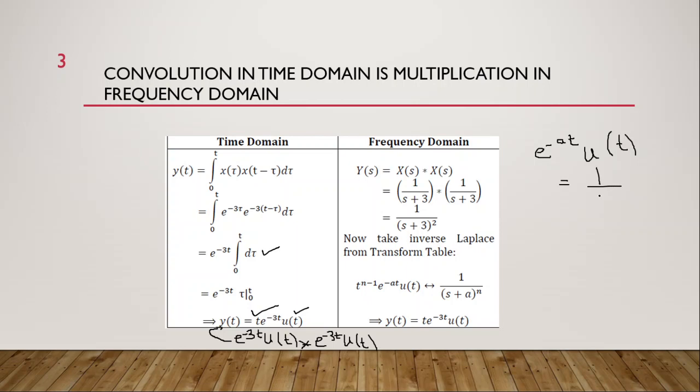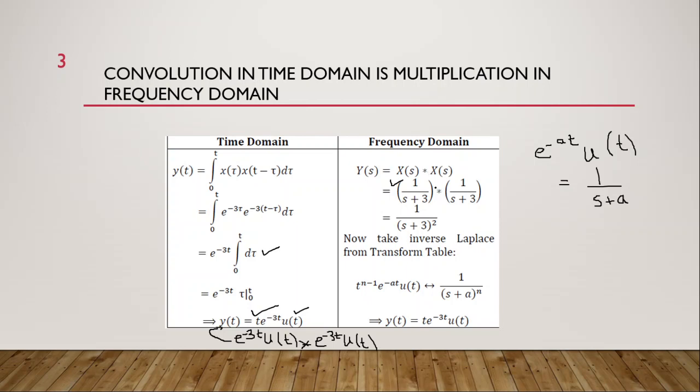You remember this formula. So for e power minus 3t u of t, we have 1 divided by s plus 3.